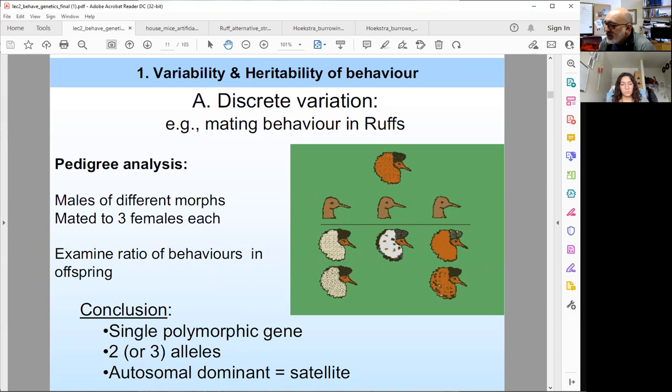So the dominant, autosomal allele is the satellite male, in fact. And anyway, it's all to say that the developmental trajectory of these males is determined by a single polymorphic gene. So this is an example of discrete variation across these 3 different types of males.